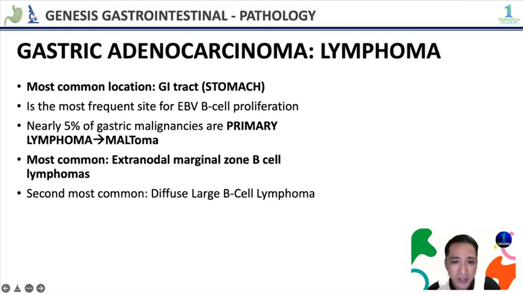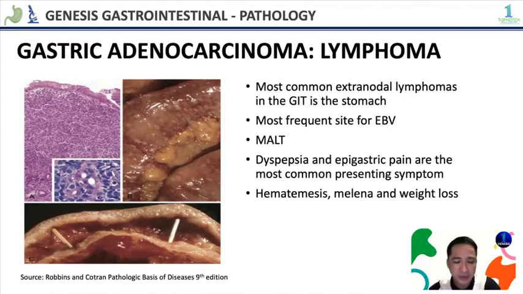The most common type is extranodal marginal zone B cell lymphoma, followed by diffuse large B cell lymphoma. So you see here, these are the diagnostic lymphoepithelial lesions.